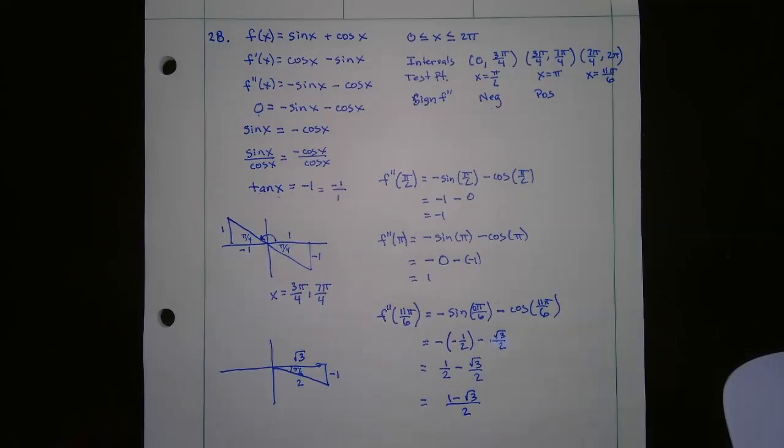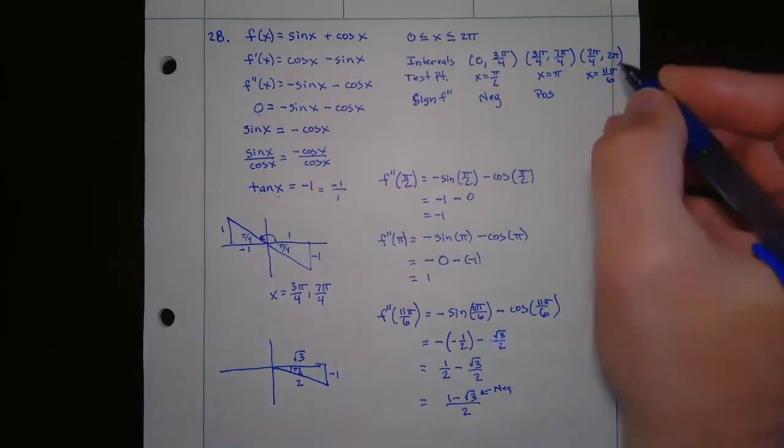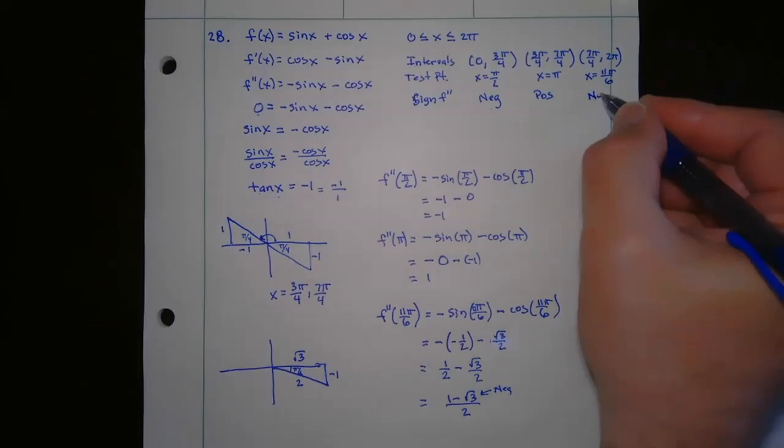Now, what we have to determine is whether this is going to be negative or positive. Which of these is bigger? Is 1 bigger than the square root of 3, or the square root of 3 bigger than 1? Well, the square root of 3 is bigger. So we're going to do 1 minus a bigger number. This is going to be negative, and 2 is positive, so that means this is going to be negative.